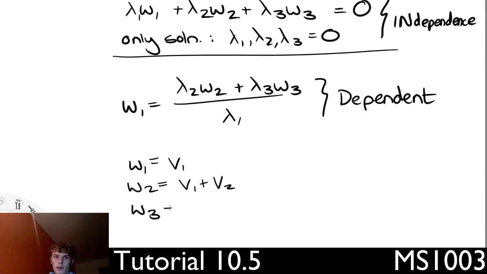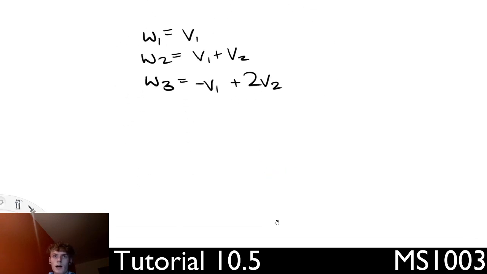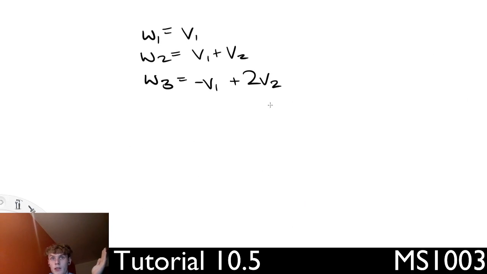So W3 is minus V1 plus 2V2. I want to show they're linearly dependent. All I have to do is show I can write one of them in terms of the other two. In particular, for W3, I want 2V2. V2 is a part of W2, so I'm going to say W3 is 2 times W2.